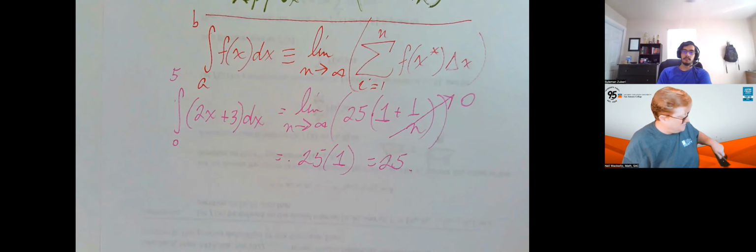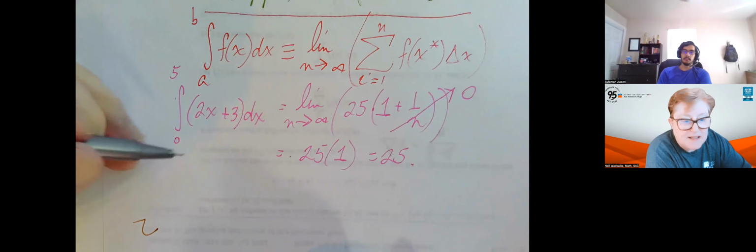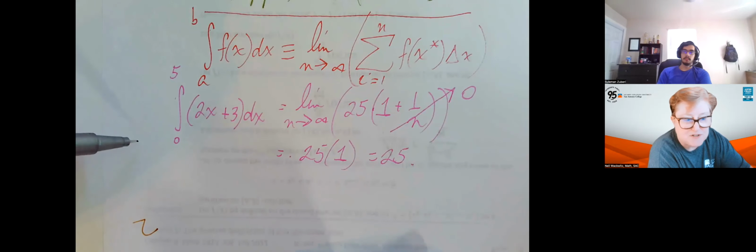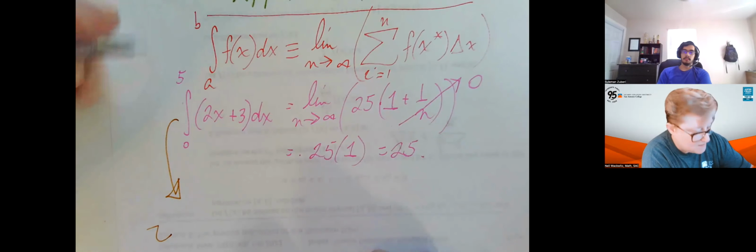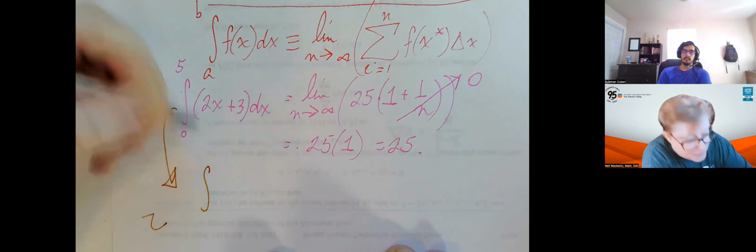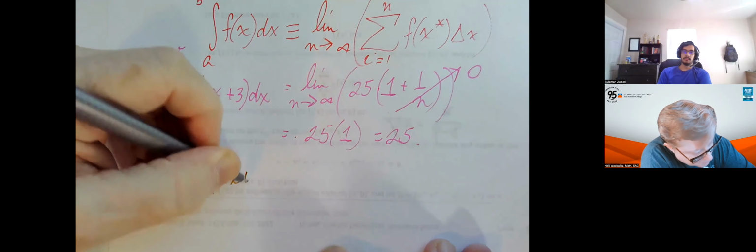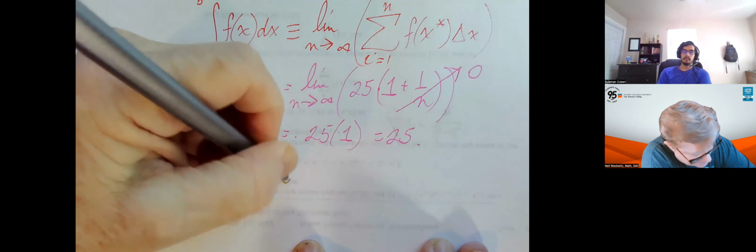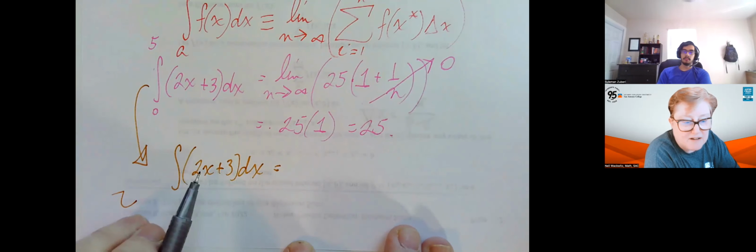The reason why I wanted you to have the regular rules of integration at the beginning is that we can now verify the answer using the rules. So let's see. If I just look at the regular integral of 2x plus 3 dx, what is the integral of the 2x part?